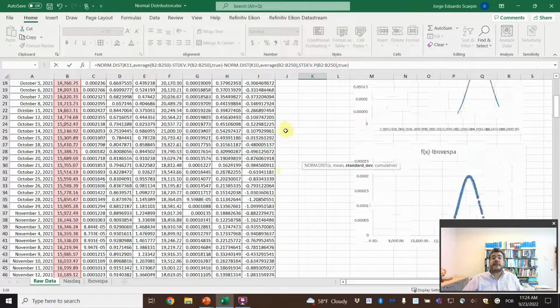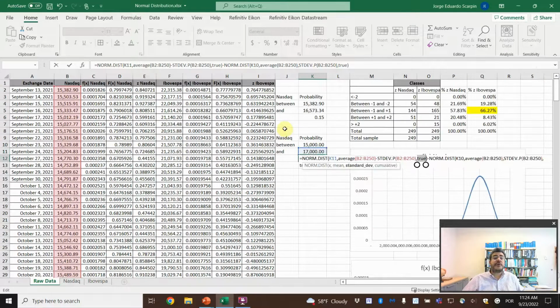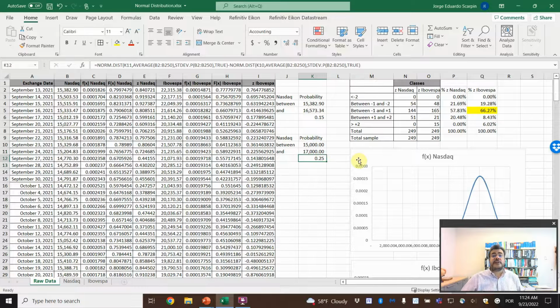Let's see, what do we have wrong here? Whoops, here it is a comma. Now I think, yeah, so it is 25% of probability that NASDAQ will be between 15 and 17,000.